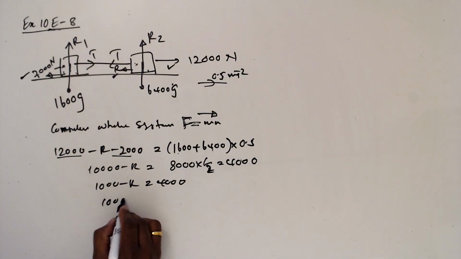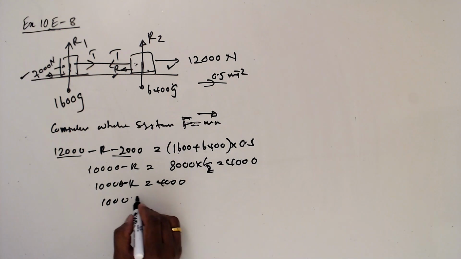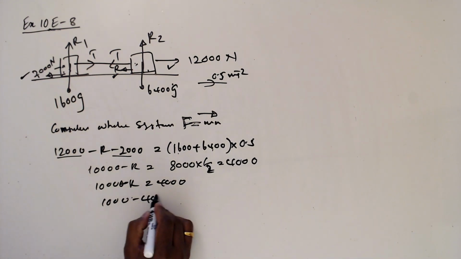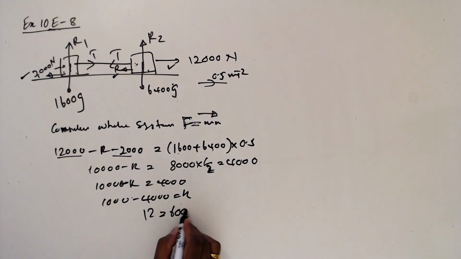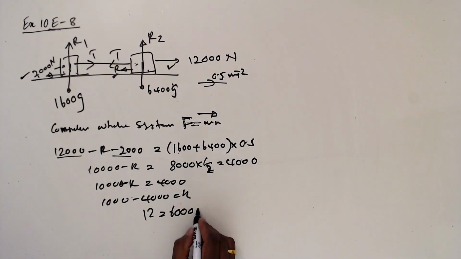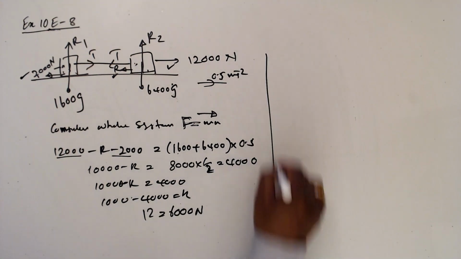So 10,000 minus R equals 4,000, and R is 6,000 Newton. So the resistance force is 6,000 Newton.